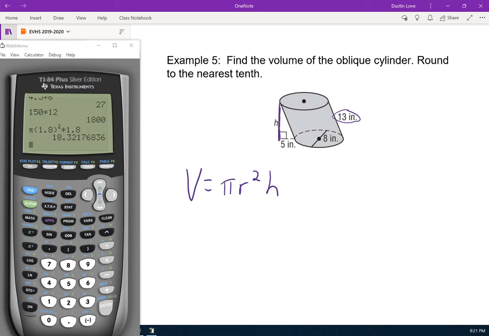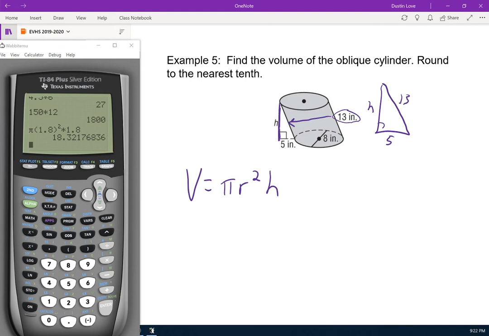But if this slant height is 13, then so is that one. So I have a right triangle right here in which the sides are h, 13, and 5.